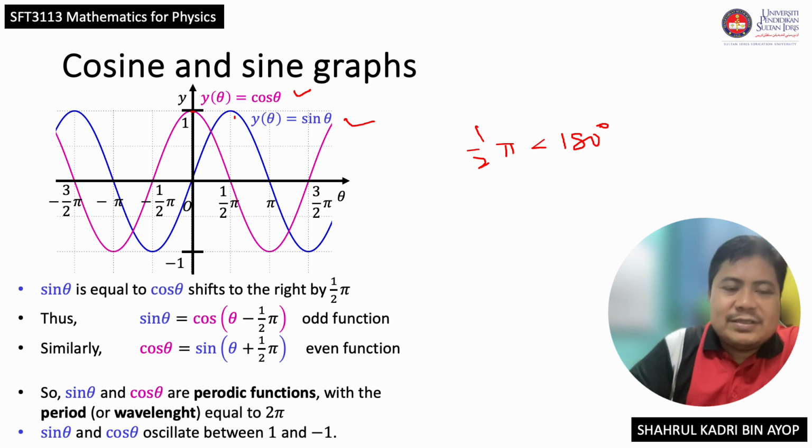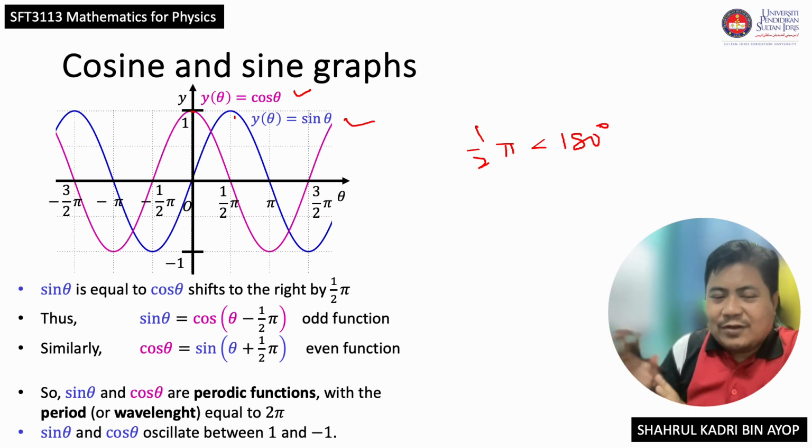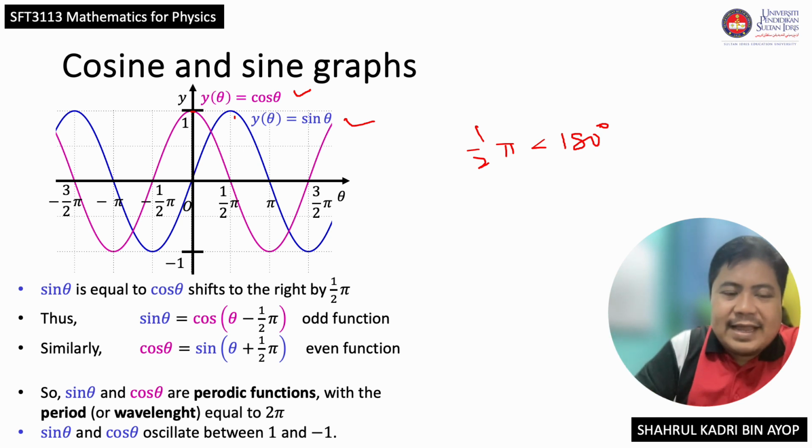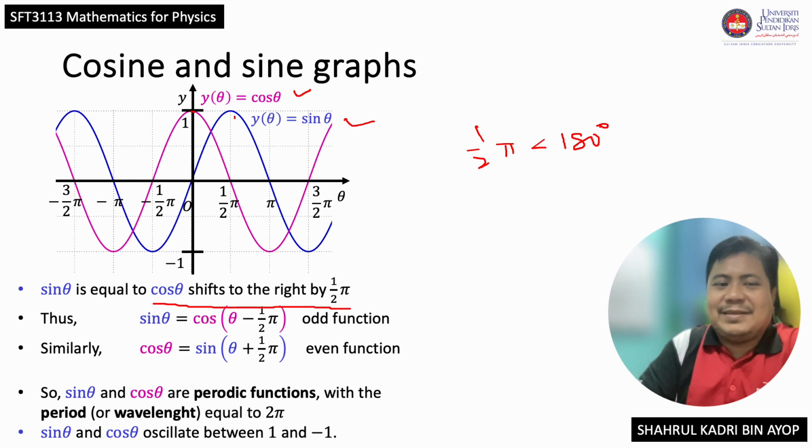What is the relation between the cos and sine graphs? Sine theta is equal to cos theta shifted to the right by half pi. What does it mean?